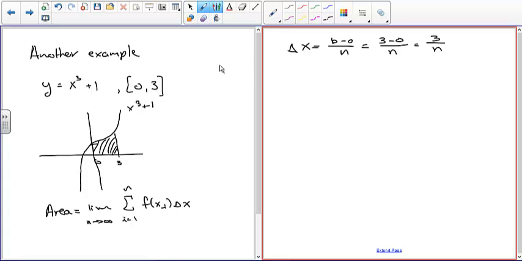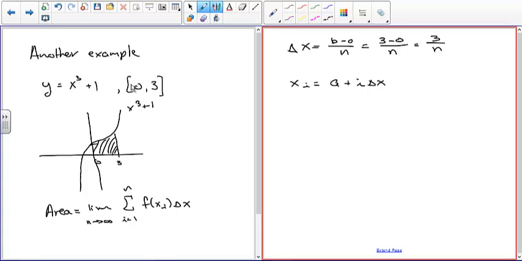Then the next thing you do is x sub i, which is equal to a plus i times delta x. So a is the beginning of the interval.